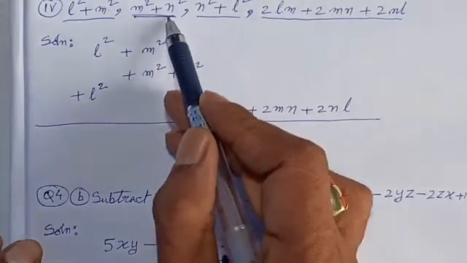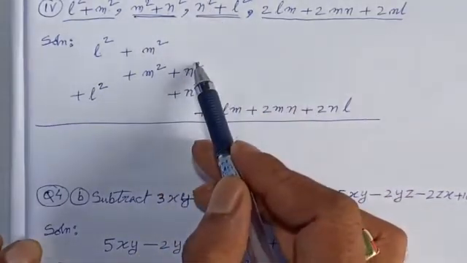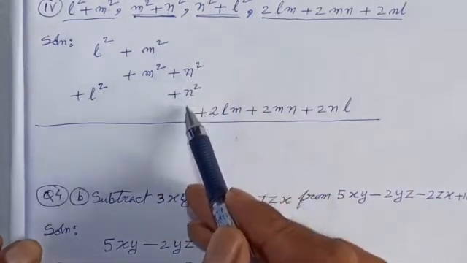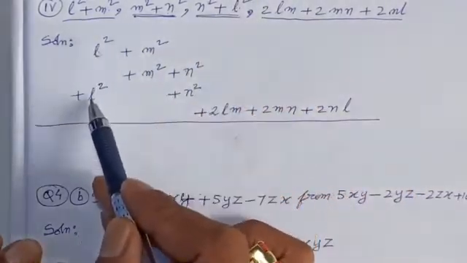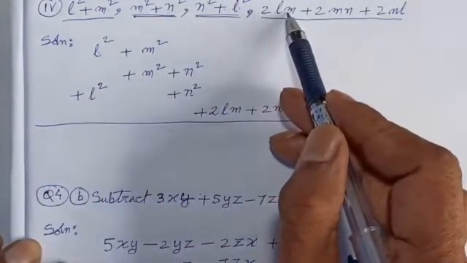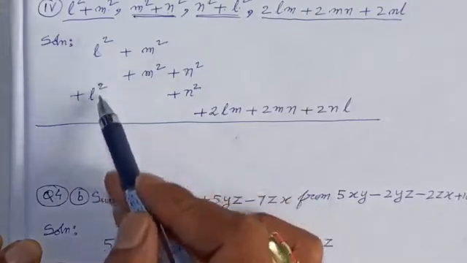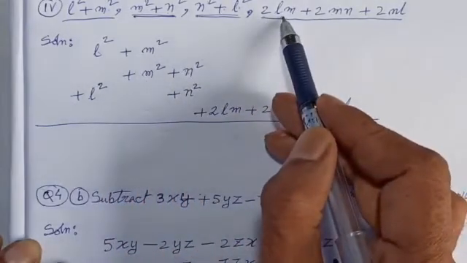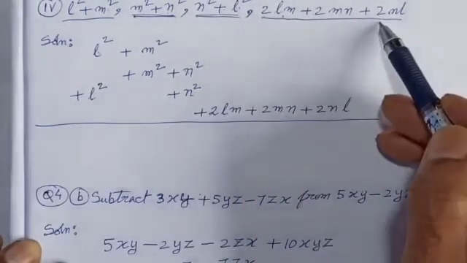Next is plus N squared. After that this N squared and this N squared are like terms, so write them in the same line. This L squared and this L squared are like terms, so write them in the same line. Here is a plus sign, so plus. Next is 2LM. So plus 2LM. This term and this term are different from that. So 2LM right here, plus 2MN here, plus 2NL here.